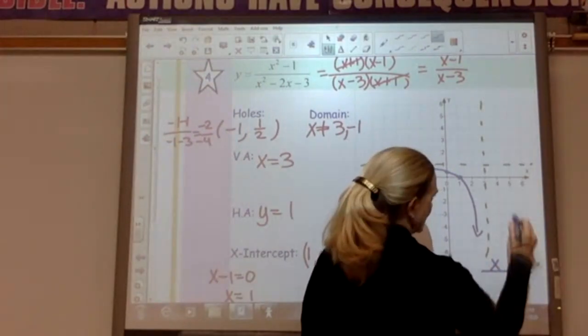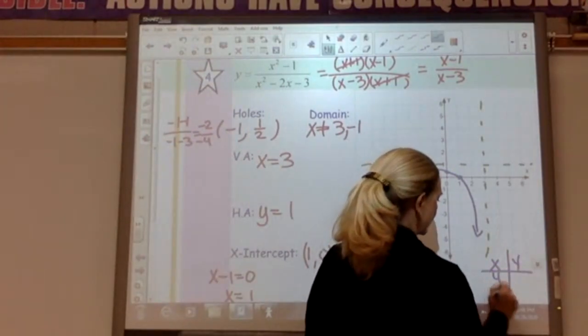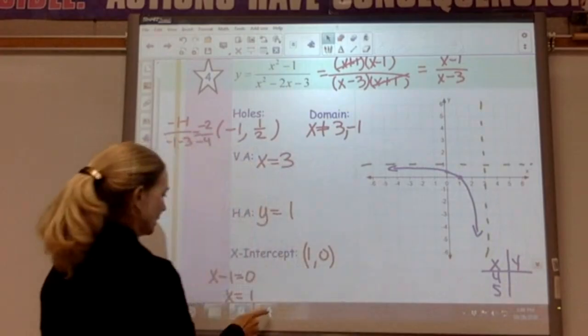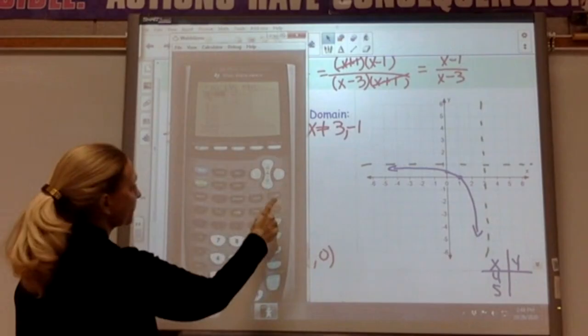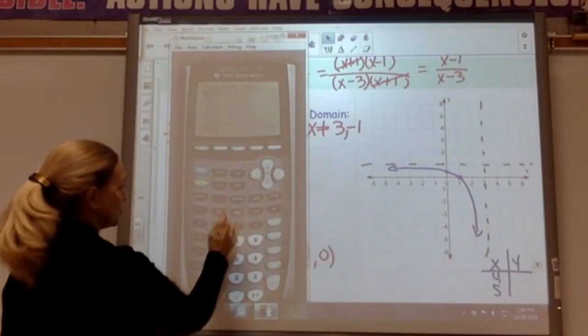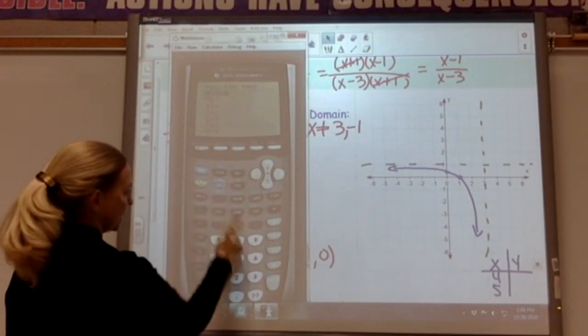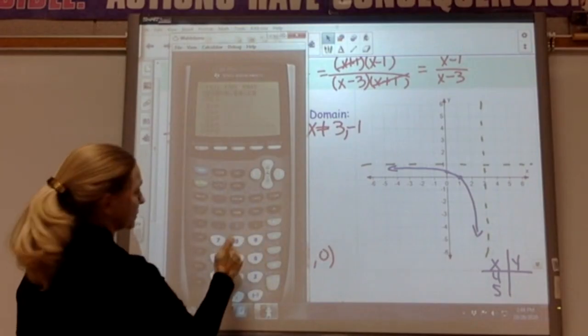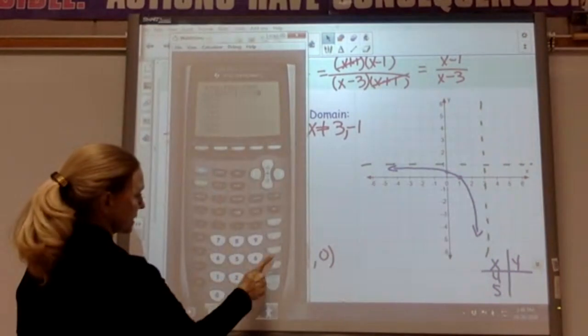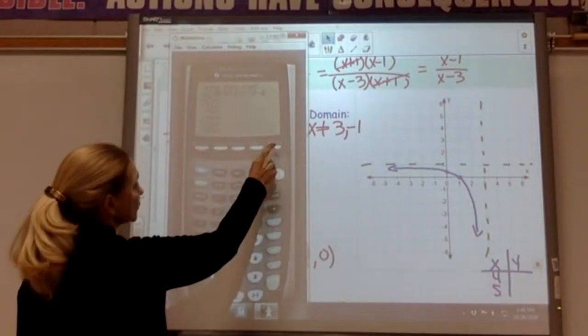So I'm just going to choose 4 and 5. So I go to y equals. I'm going to use parentheses. I'm going to have x minus 1 in parentheses divided by x minus 3 in parentheses, graph.